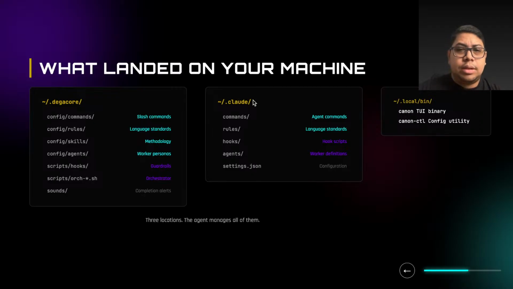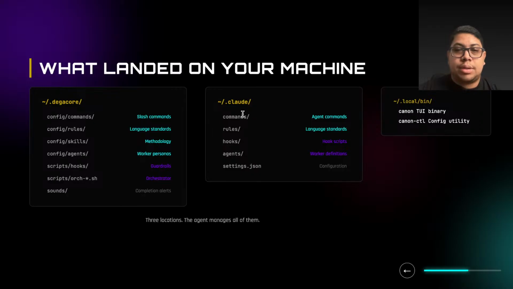What landed in Claude? In Claude, we landed some minimal configurations that are not specifically limited to DEGA core, so they can live in Claude, because that's not going to break your Claude behavior. I mean, it's going to affect the behavior, but it's not going to break it. That's what I'm trying to say, right?